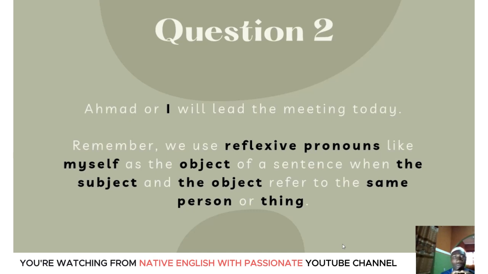But let's just mention the one we are concerned about now. Reflexive pronouns are pronouns used when the object of a sentence is referring back to the same person or thing. I'll give you an example. I did the job myself. So the word myself is referring back to the subject I.